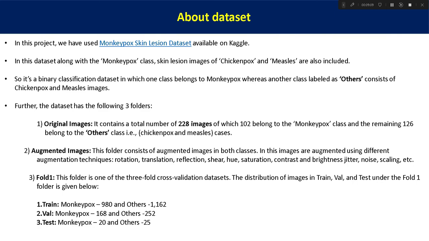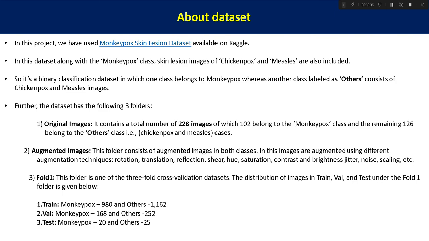Basically they have taken images from internet and healthcare websites, sample skin lesion images of monkeypox, chickenpox and measles, because there is no official or research dataset available for these types of skin related diseases.